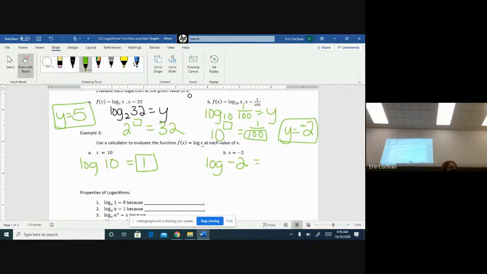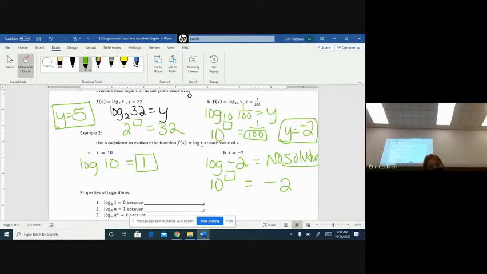Can we take any number to any exponent and ever get a negative number? No. So can we take the log of -2? No. So there is no solution in this sense. We have an error, right? Because we cannot raise 10 to any power to get us to a negative number. Right? You guys okay with that?